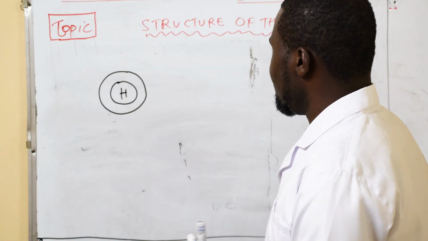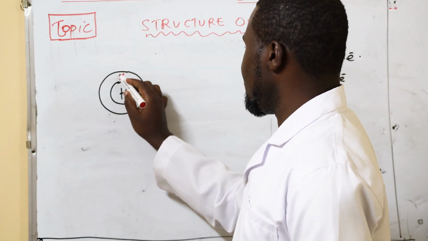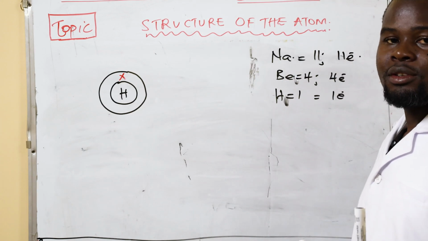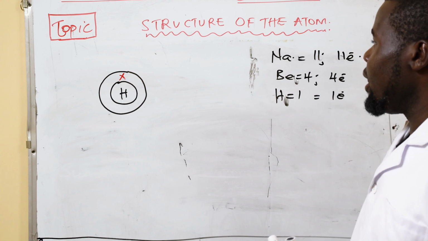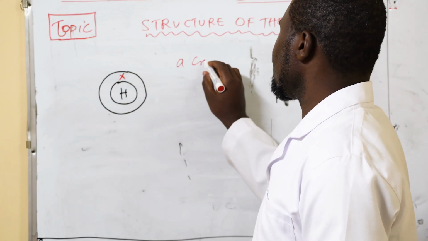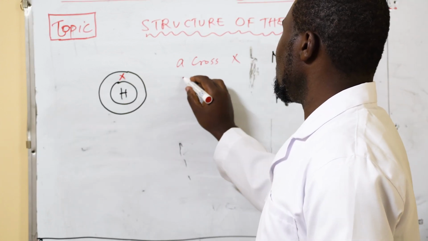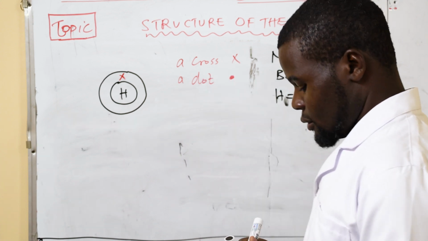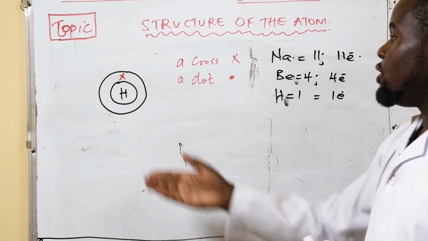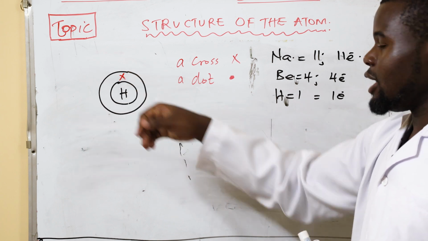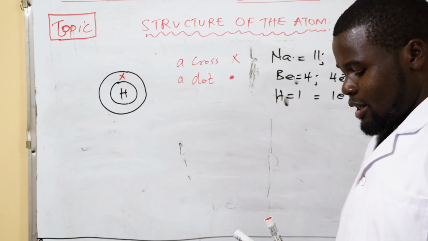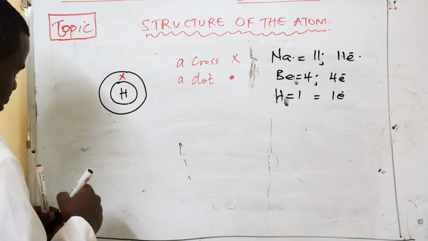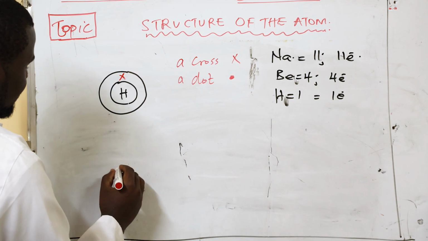So I'll come here and represent my electron. Electrons can be indicated using a cross or a dot. So this is the first one within the energy level. And somebody will also draw it this way here. I'll use a different pen.